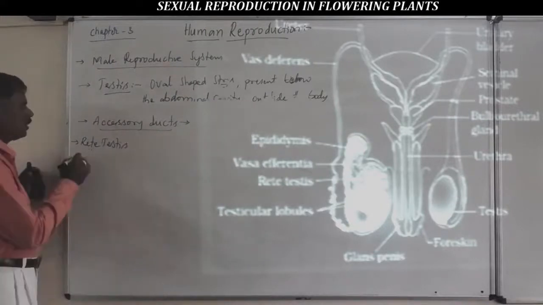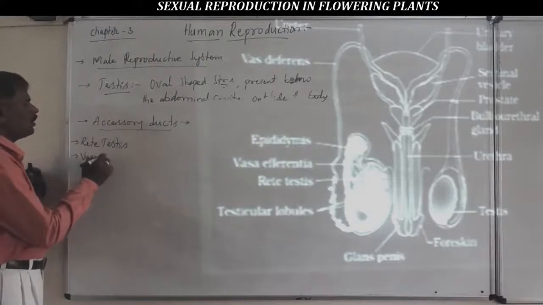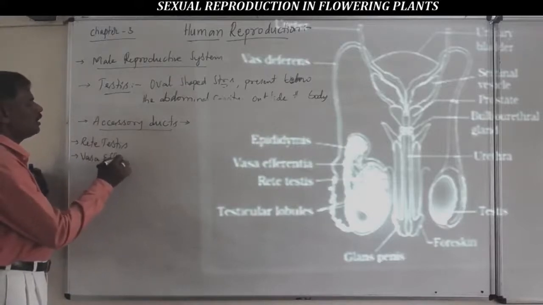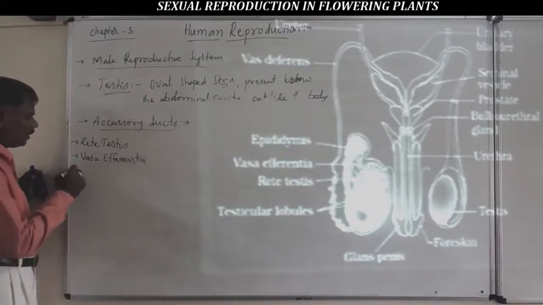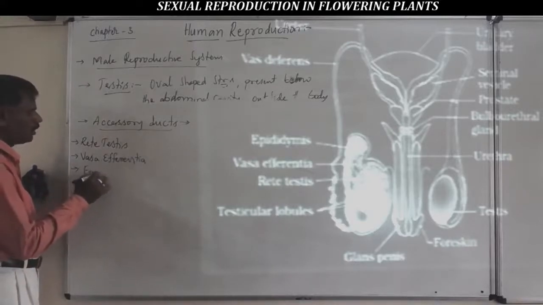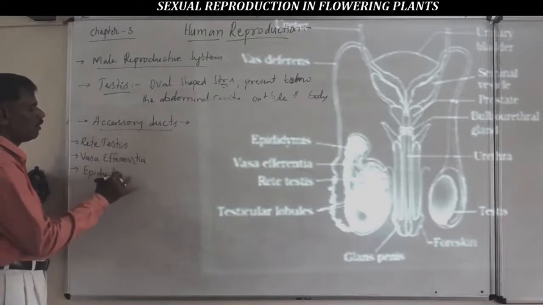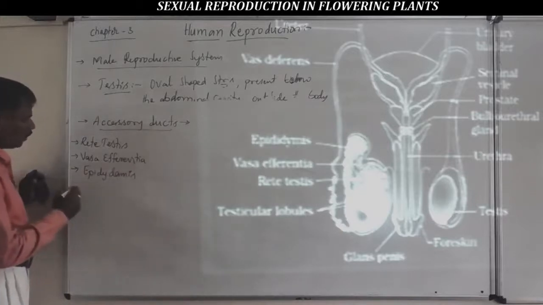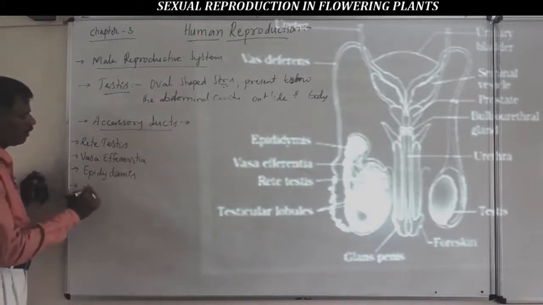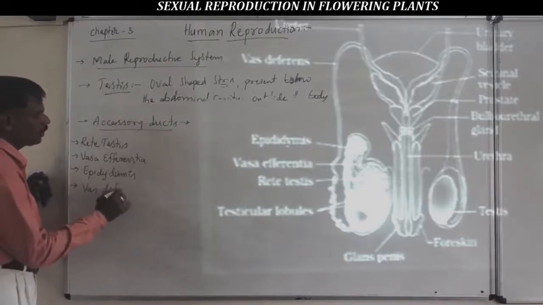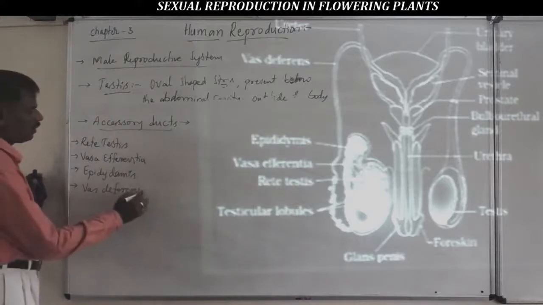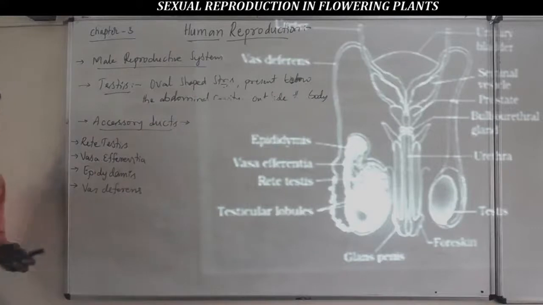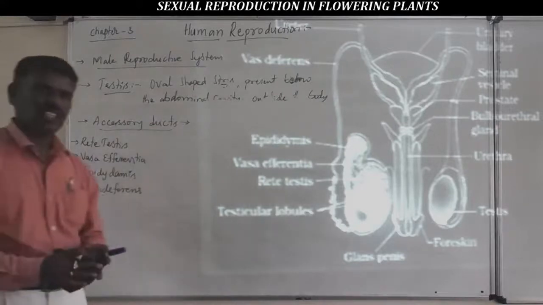the second, vasa efferentia; the third, epididymis; the fourth, vas deferens. These are the four accessory ducts.